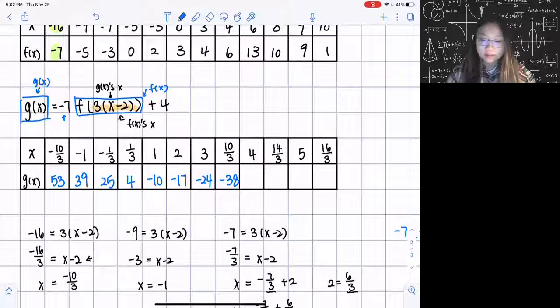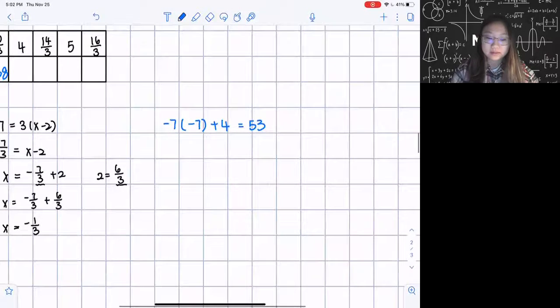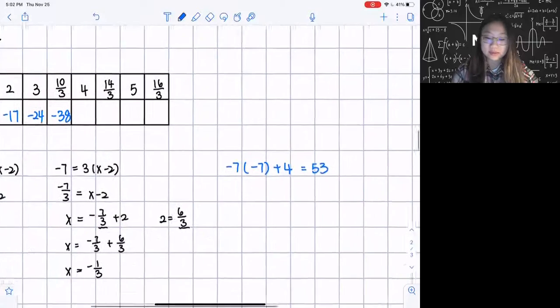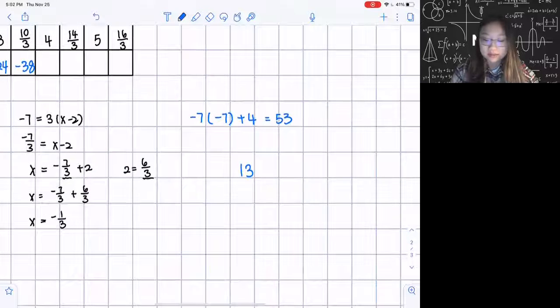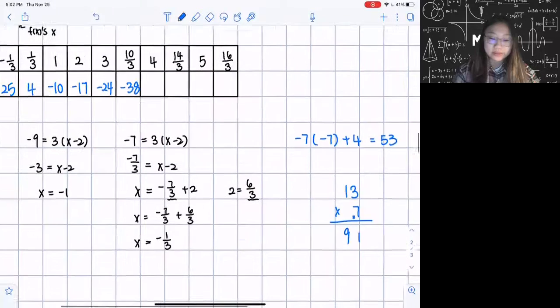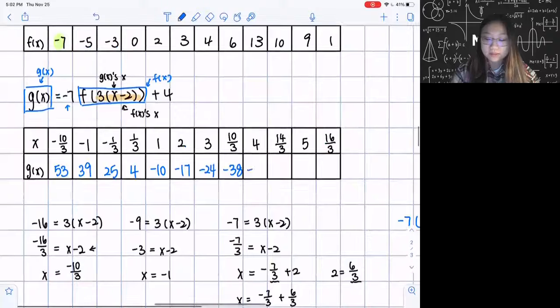And then 13 times -7, this is going to be equal to -91, which some of you might do a setup like this: 13 times 7 equals 91, and then you put a negative sign in front of it. So -91 plus 4 is -87, right?